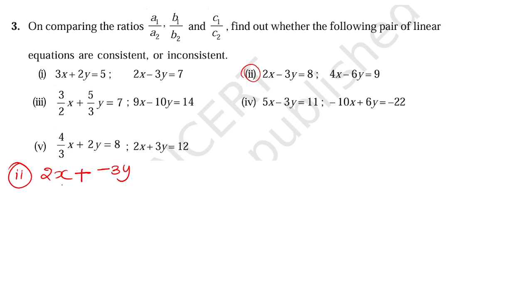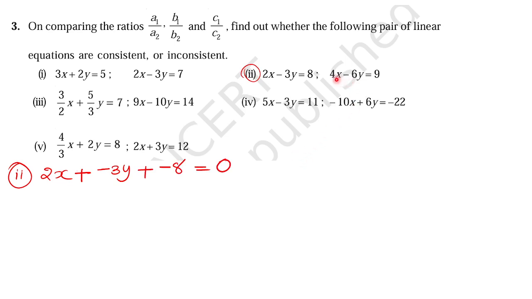I want ax plus by plus c, that is the general form. 2x minus 3y written. Then 8 should be taken to the left side. I want the right side 0. So this 8 goes to the left side, becomes minus 8, meaning plus minus 8. First equation.